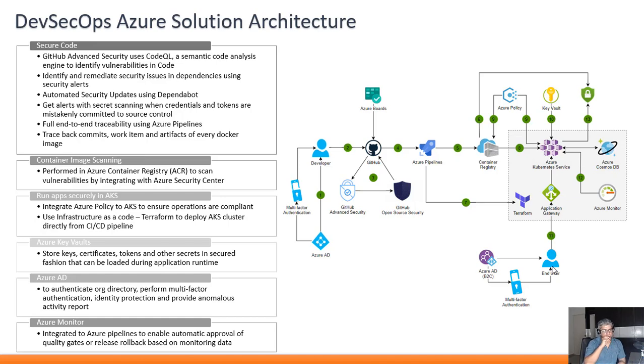Then the Azure Monitor and the source code monitoring. So everything is part of this architecture, which uses pipelines, registry, and Kubernetes service. But you can have your own different implementation.